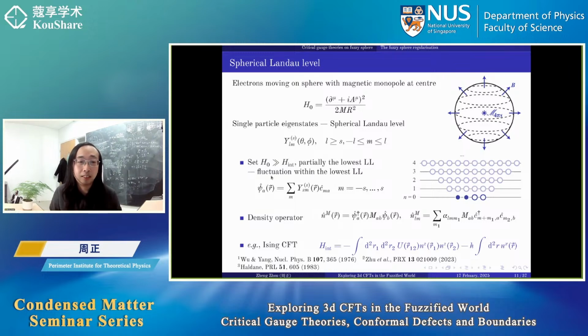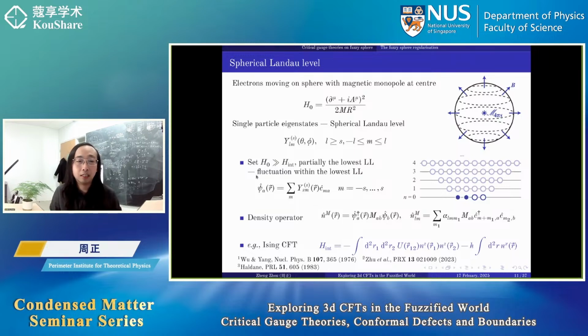If we set the single particle gap to be much larger than the interacting Hamiltonian, and partially fill the lowest Landau level, we can constrain the fluctuations within the lowest Landau level, or project the system onto the lowest Landau level.